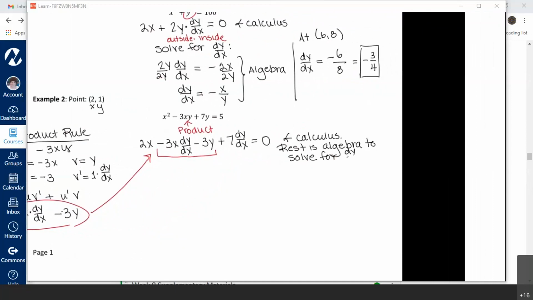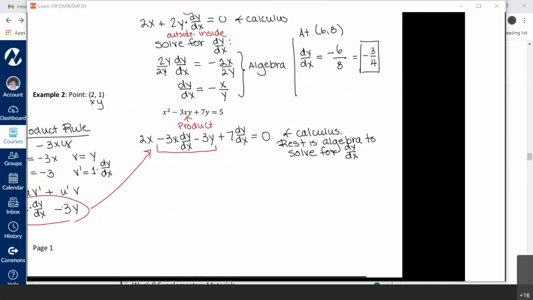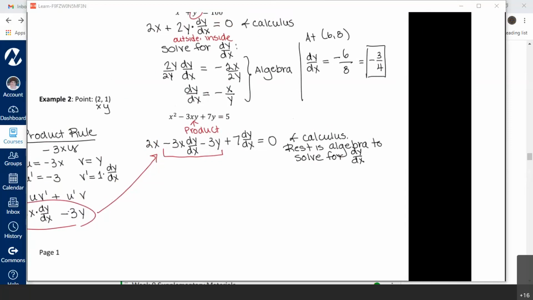Now, in this example, you'll notice two terms have dy/dx in them. So if you remember solving formulas for one variable versus another, the strategy is to get all of the terms with dy/dx on one side of your equation and the rest of the terms, the ones without dy/dx, on the other side. I have two terms with dy/dx, and I have two terms, the 2x and the minus 3y, that don't have dy/dx attached.